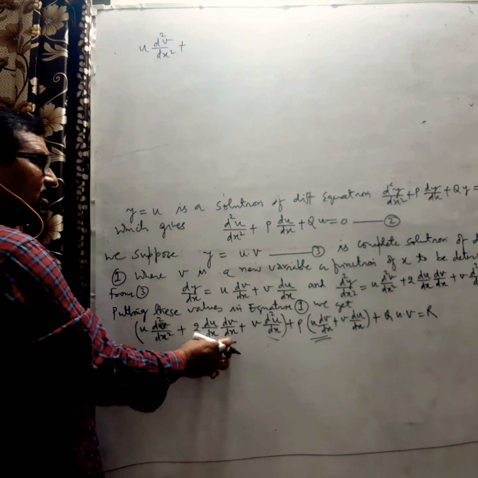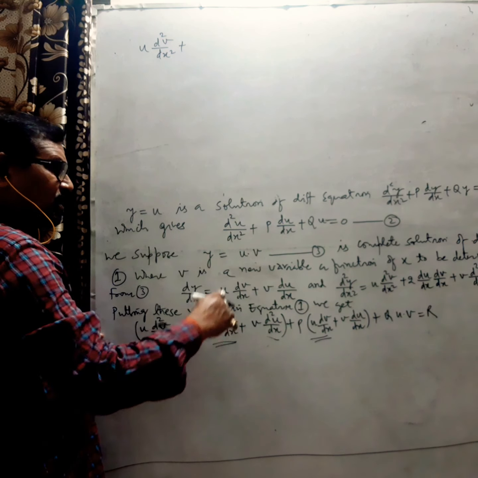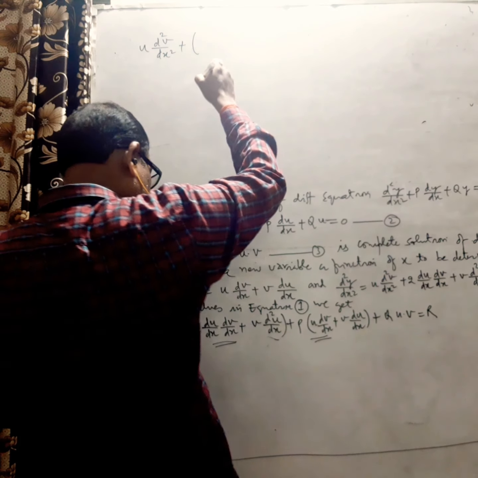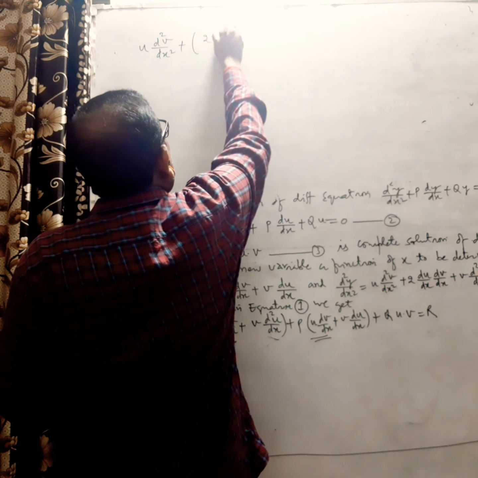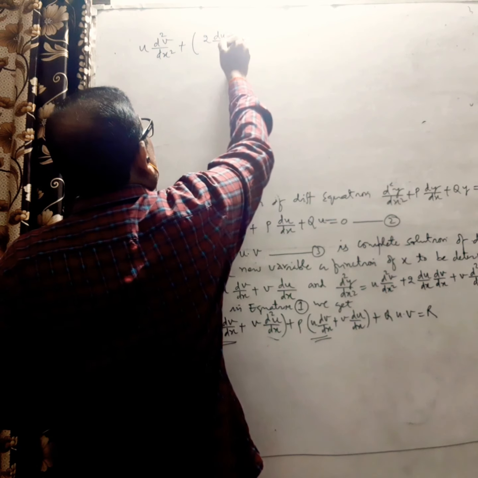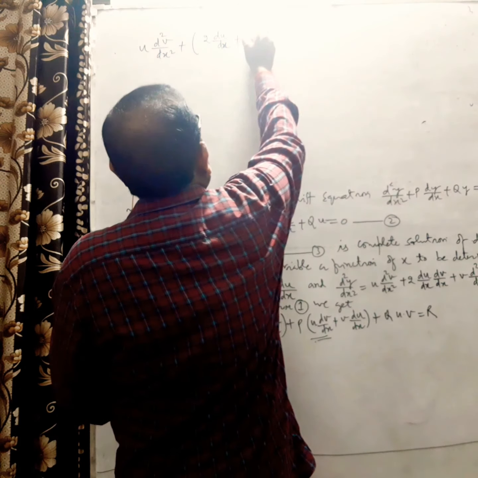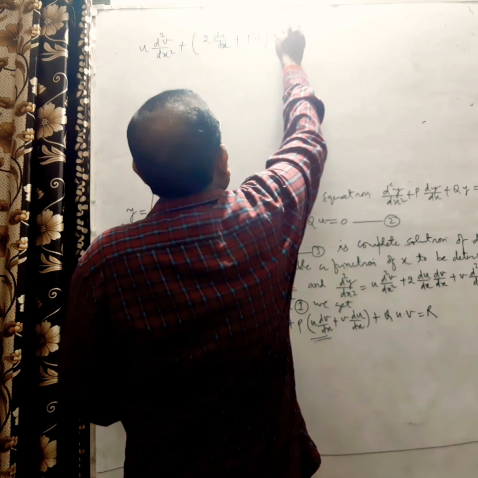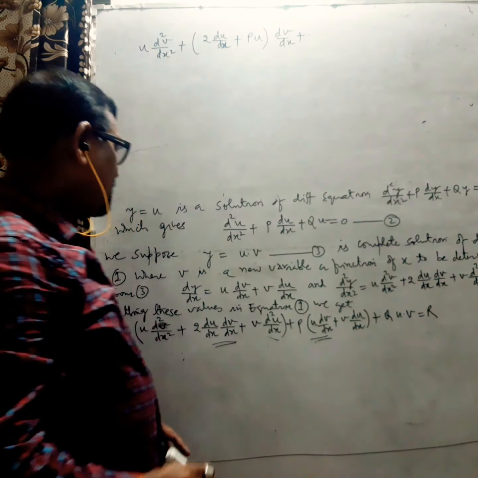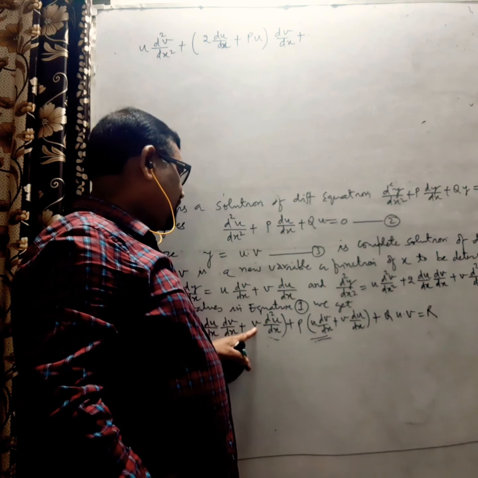Taking these terms together and dv upon dx common, you get 2 du upon dx plus p into u, dv upon dx, plus, now I am going to take the terms containing v.